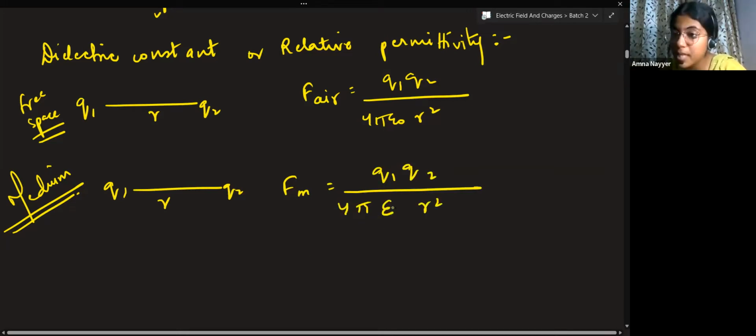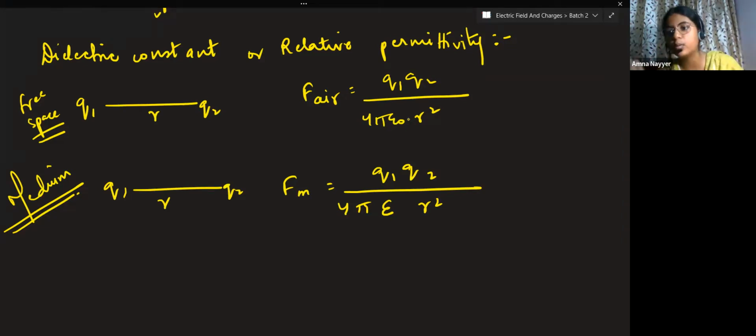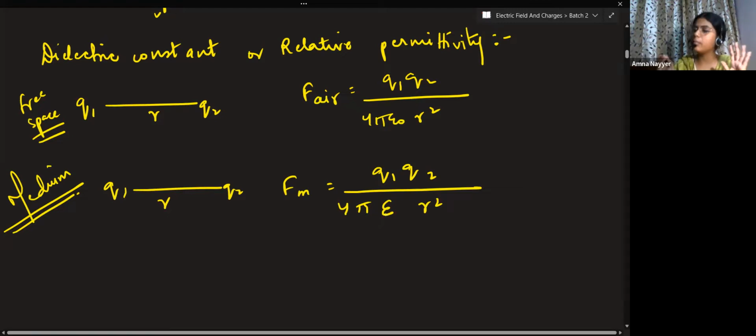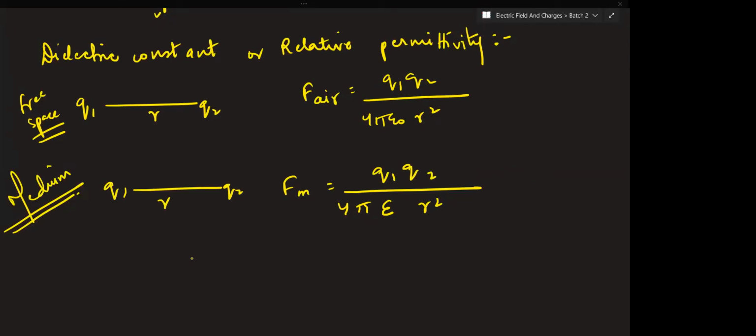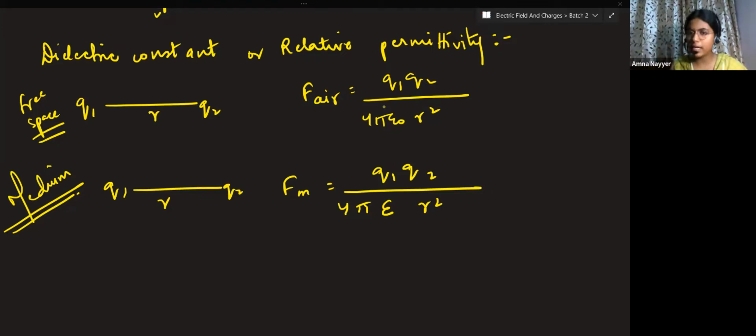You won't write epsilon naught, because epsilon naught is specifically for free space, meaning air or vacuum, for which the value was 8.85 into 10 to the power minus 12. Epsilon you write for any medium that you have. Now tell me, if the value is different, will my force be the same or different? Different. If I change the denominator, obviously the whole fraction will also change.